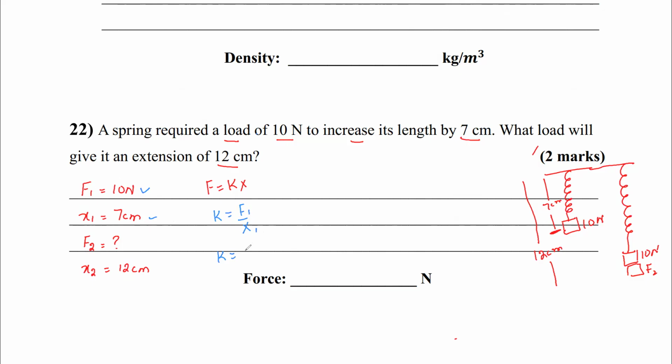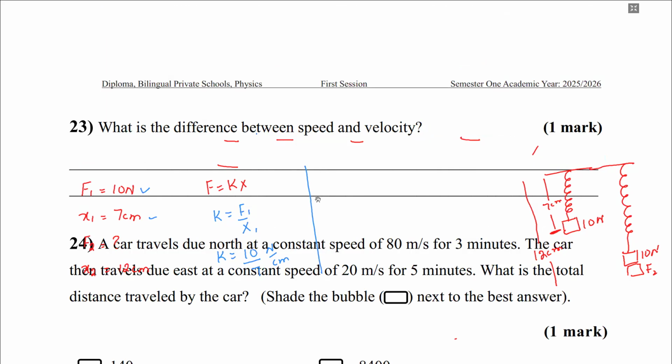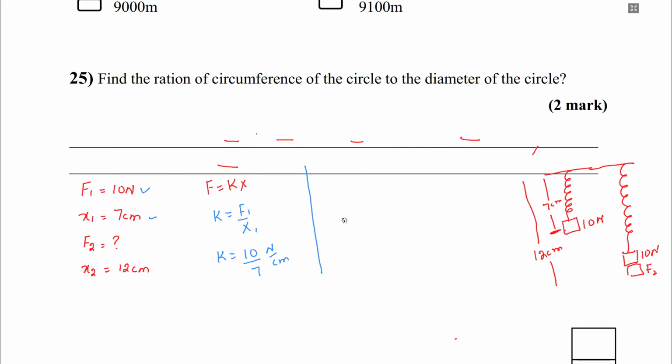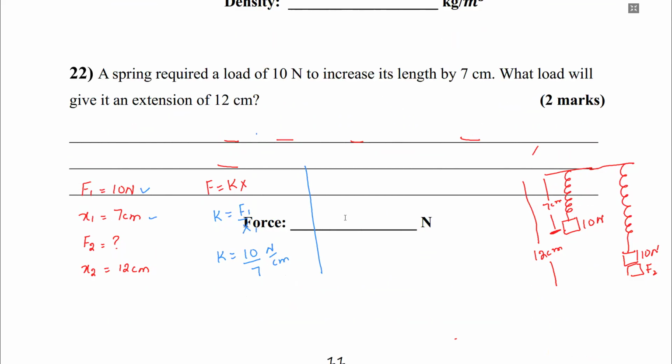Here F1 is 10 and X1 is 7 centimeters, so the unit is Newton per centimeter. So the value of K is 10 divided by 7, which is about 1.42. So the value of K here is 1.4.